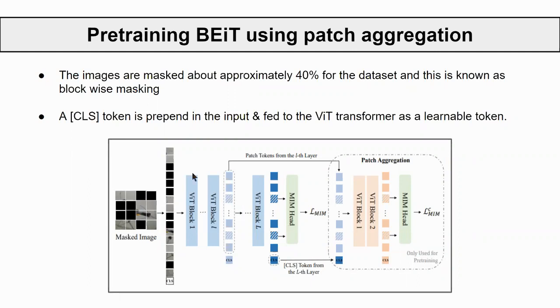As you can see, these are the masked images and then the visual tokens over here are generated using this mask technique. The images are masked to about 40% for the dataset, and this is done completely randomly, and this is known as blockwise masking.